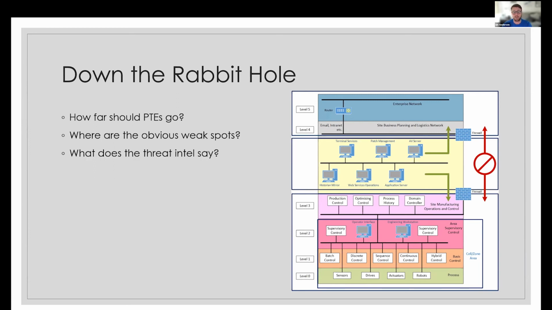You also have to really focus on what the threat intel says. So if the threat intel out there for ICS and OT malware says, hey, we're seeing abuse of HMIs happening, we're seeing PLCs talking to each other, we're doing enumeration activity, we're seeing people reading and writing to registers and coils via Modbus that they're not supposed to, those are the things that you should begin with, right?